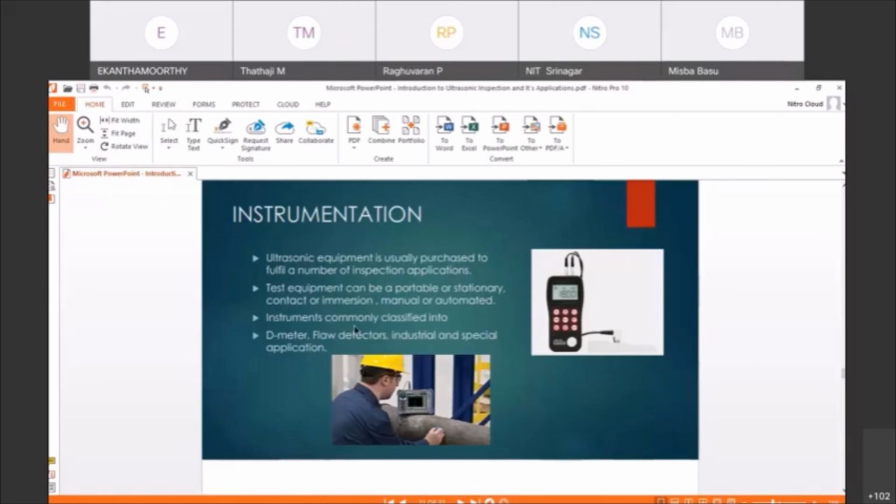Ultrasonic equipment is generally purchased based on our inspection applications, and it may be portable, stationary, immersion, or automatic based on our requirement. Generally, in cross-country pipeline inspection, we use automated ultrasonic testing machines. They are completely automated. For measuring thickness, such automation is not needed, and we will measure with a thickness gauge if it is allowable.